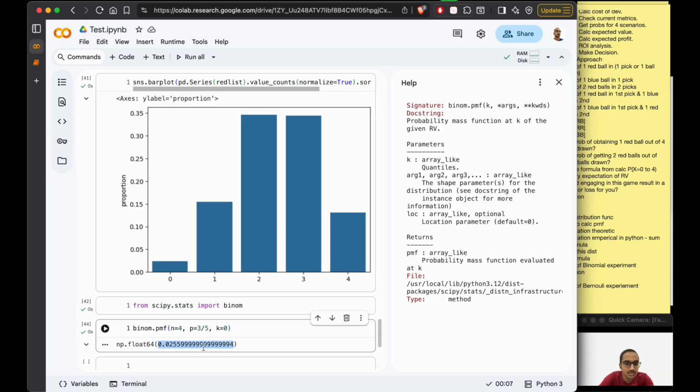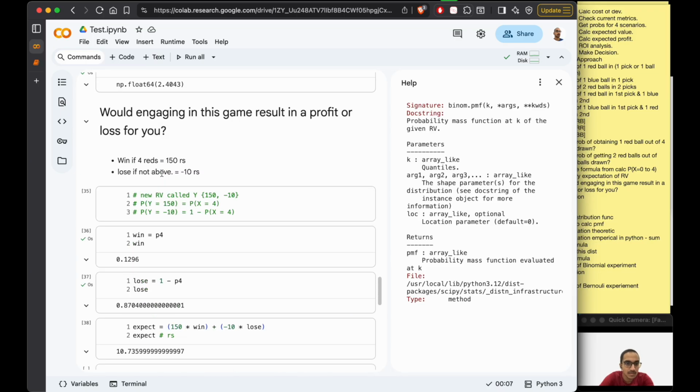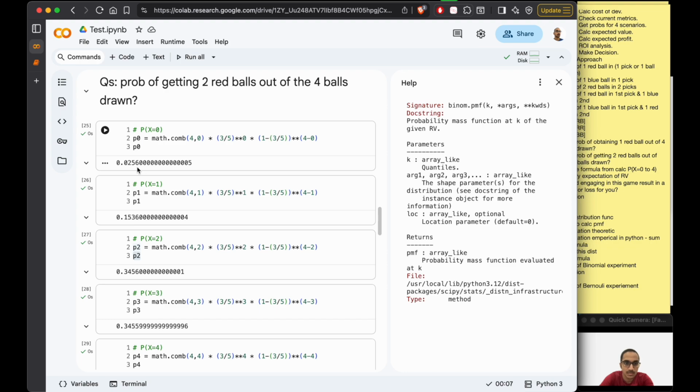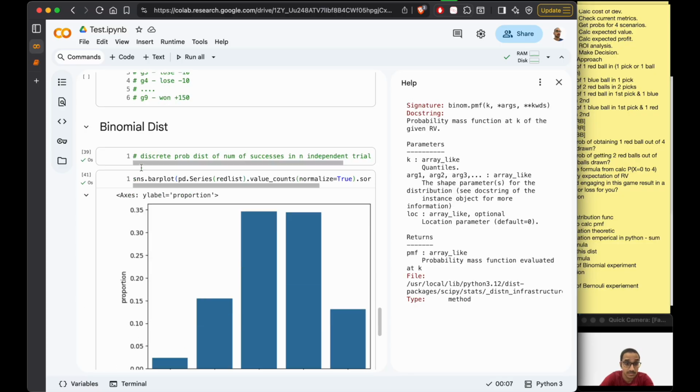You see here 0.0255. Let's see p0, what is our p0? 0.0256. Pretty close, right?